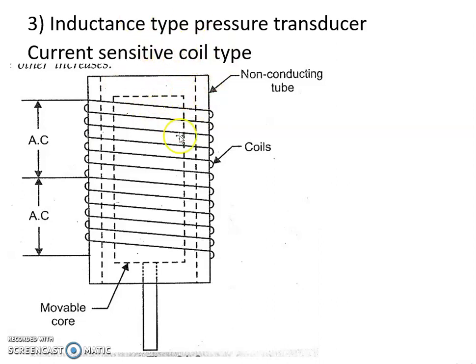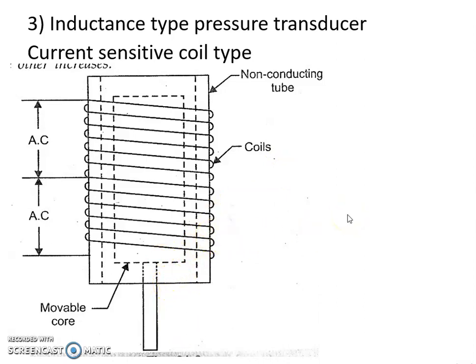That is why this type of transducer is also called a current sensitive coil type transducer. When pressure is applied, the current flowing through the coil changes because of the change in the inductance of the coil. So the measured current will give the value of applied pressure.